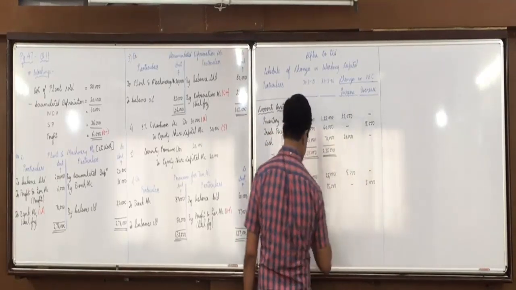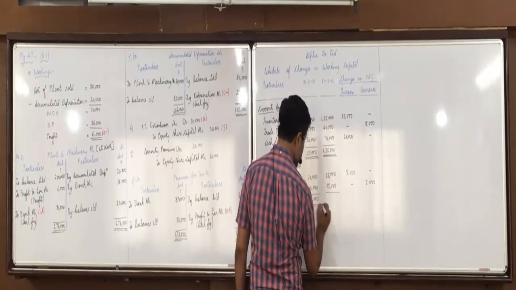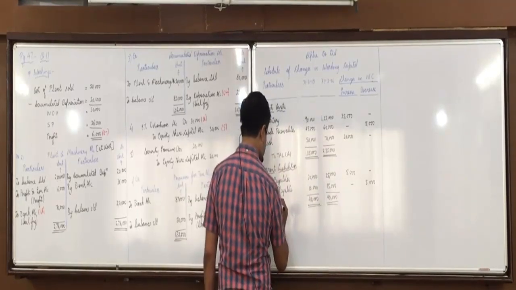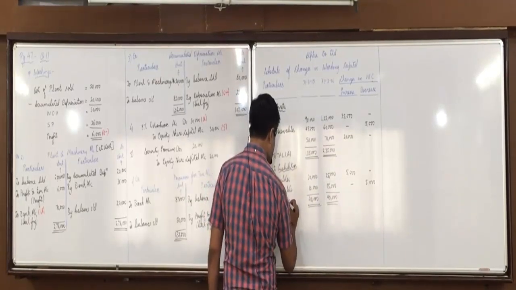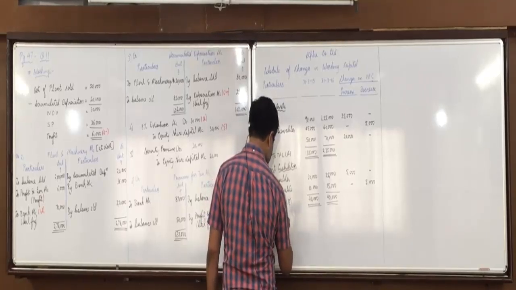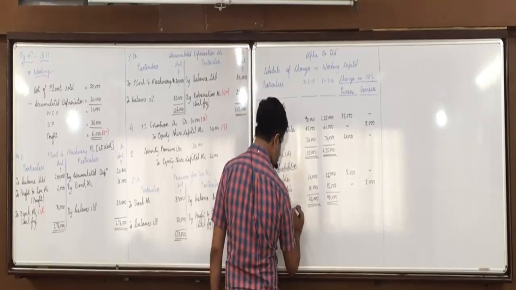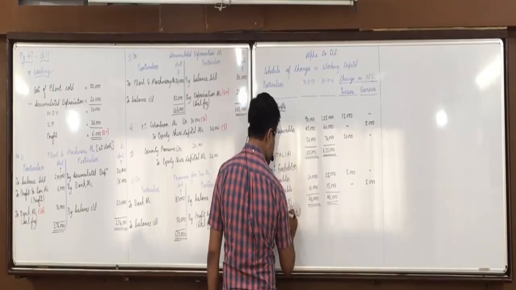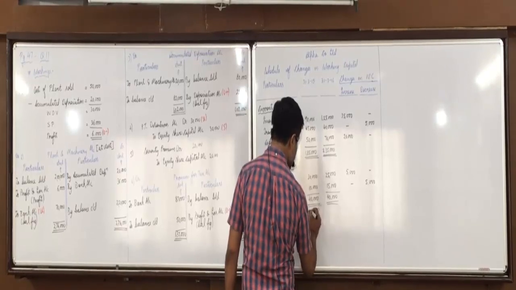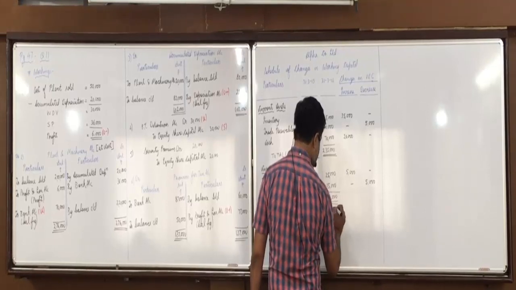So total B: 30 and 10, 40,000. 25 and 15 is also 40,000. Now A minus B will give us net working capital. So 1,85,000 minus 40,000, 1,45,000. 2,35,000 minus 40,000, 1,95,000.